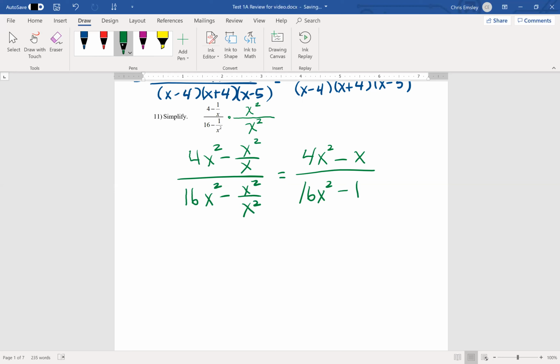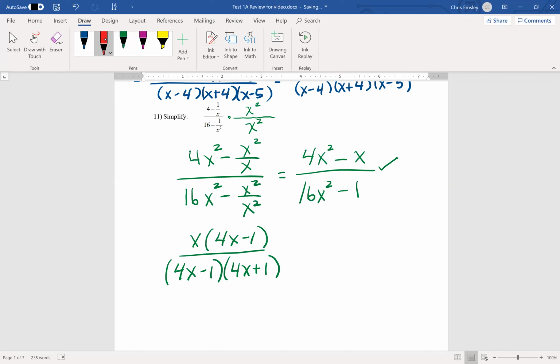And if we continue, we can factor the top, pull out an x. We can also factor the bottom, because that's the difference of two squares. And you can see the reason we didn't stop here is because now we do have a common factor to the top and the bottom, so those two can be canceled. And our final answer looks like that.